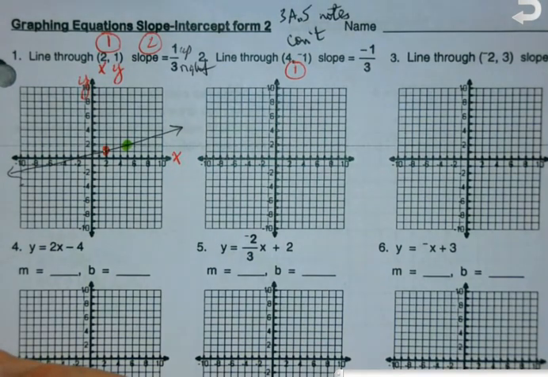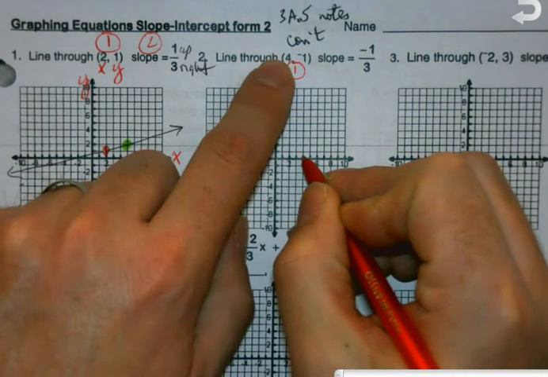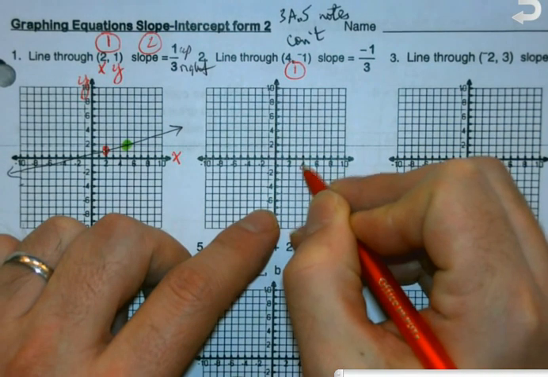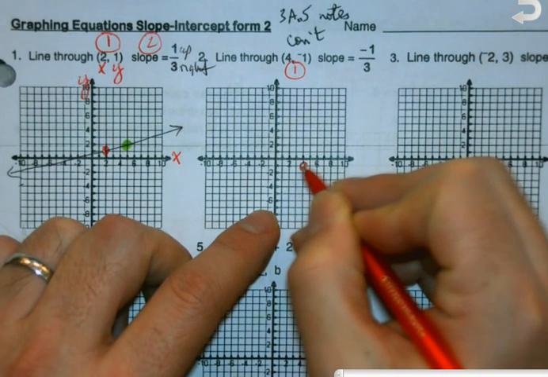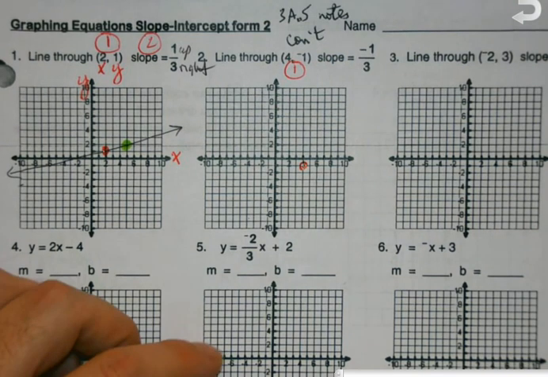So again, how am I going to get to the point (4, -1)? Right 4, because x is positive, and down 1, so we'll get that put in there. Now my slope this time, we got a negative, -1/3.